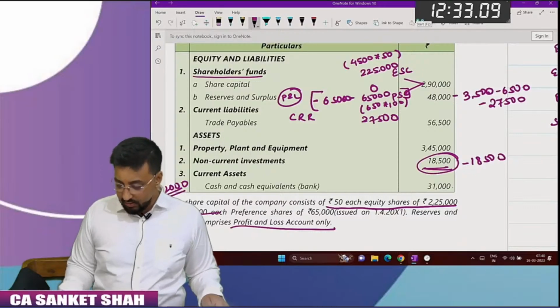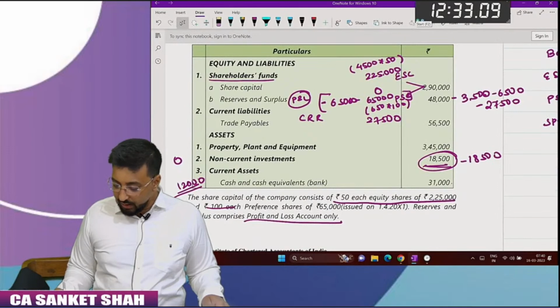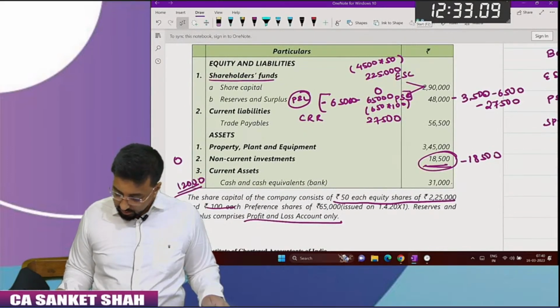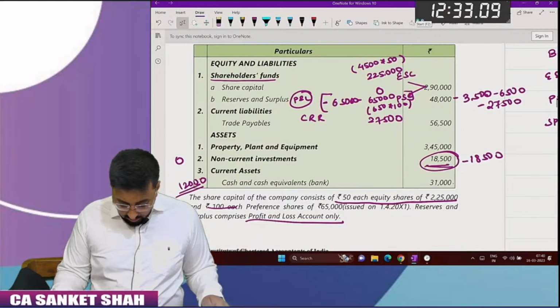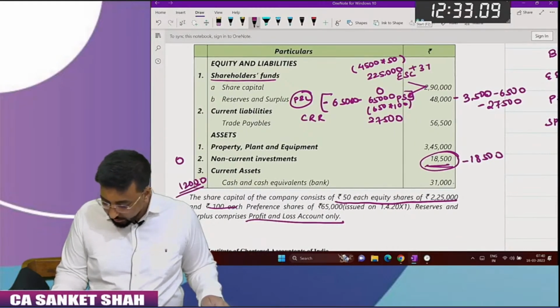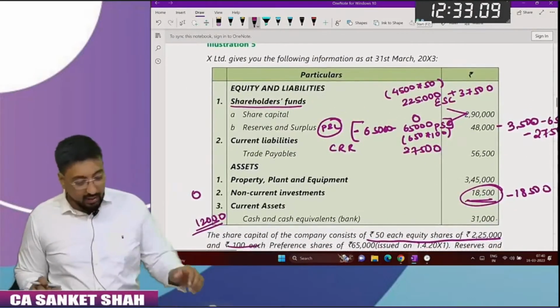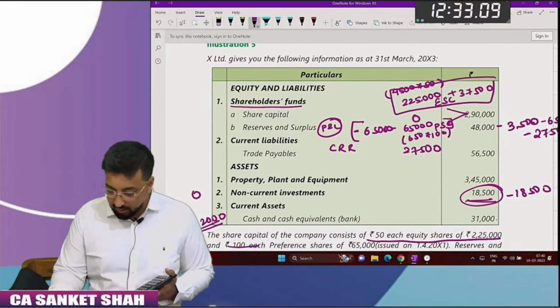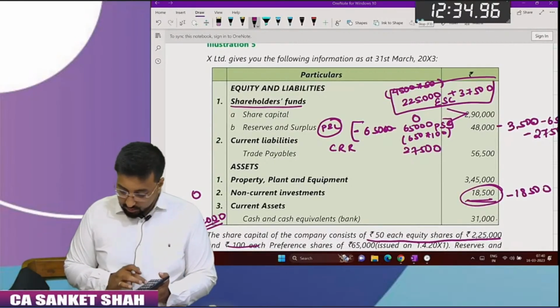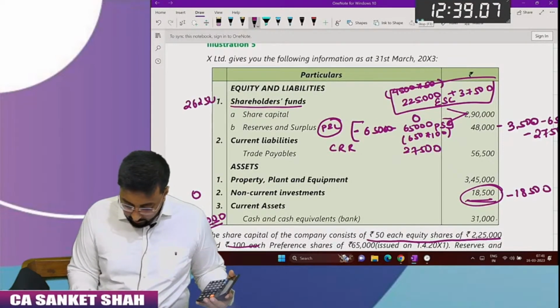ठीक है, चलो. सो शेयर कैपिटल ऐड करना रहेगा ना? हाँ, 37,500 से ऐड करना रहेगा अपना. ओके, सो अपडेटेड योर बैलेंस शीट. सो नाउ व्हाट इज द बैलेंस इन शेयर कैपिटल? 2,25,000 प्लस 37,500, 2,62,500 is the share capital.